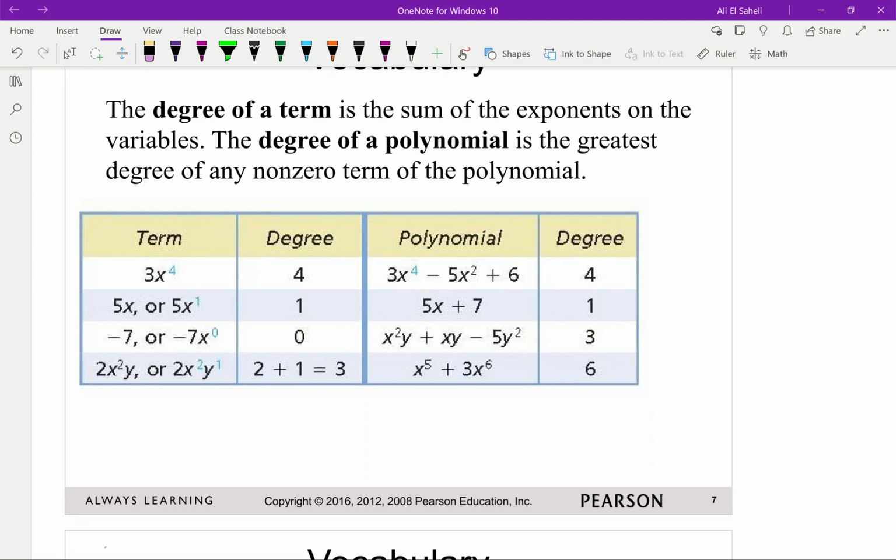If you have a polynomial, let's say like minus 16, this is a polynomial. This is degree 0. I think this is what they meant over here by that. Okay, so this is degree 0. Because you can think of this as minus 16 times x to the power 0. Degree 0.